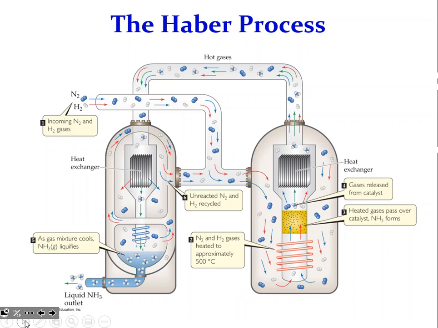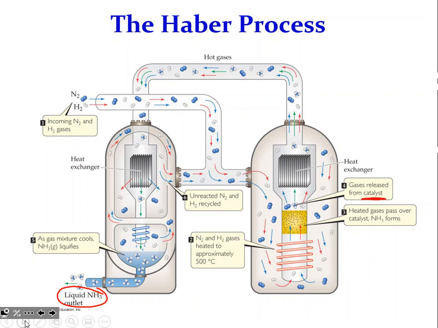This one is, I think, from my old textbook from last year, but there should be a similar one in your e-text, also showing you that you have heat exchangers and compressors and things going on there. And this one's also showing the presence of a catalyst, which we're going to talk about in just a minute. But lots of process going on here in order to maximize the output of the liquid ammonia.